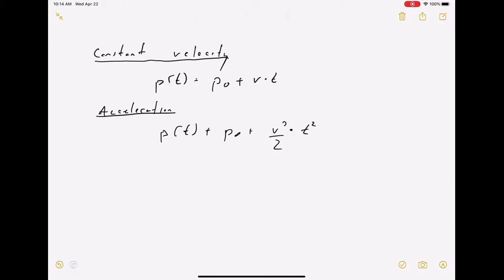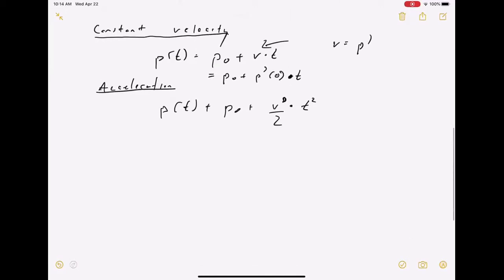We have v, but our velocity v is really the derivative of position. So really I could say this is p sub 0 plus p prime of 0 times t.